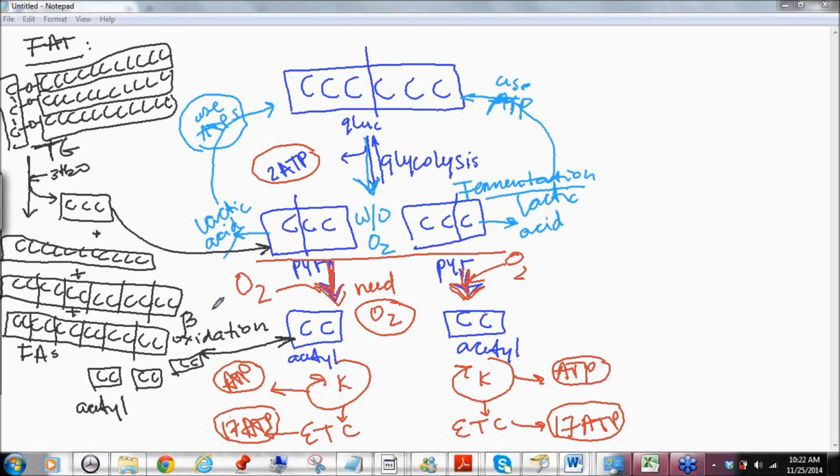Once again, a very important part to remember: when you turn fatty acid into acetyl groups, the only thing you can do with these acetyl groups is burn them with oxygen. Very, very important. This means that you cannot use fats without oxygen. The only way you can burn the fat is with oxygen.